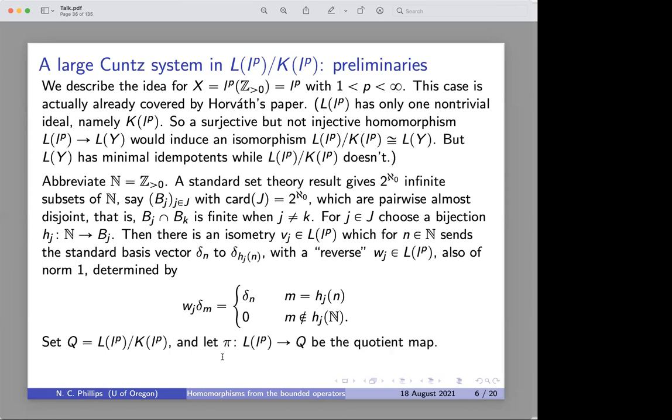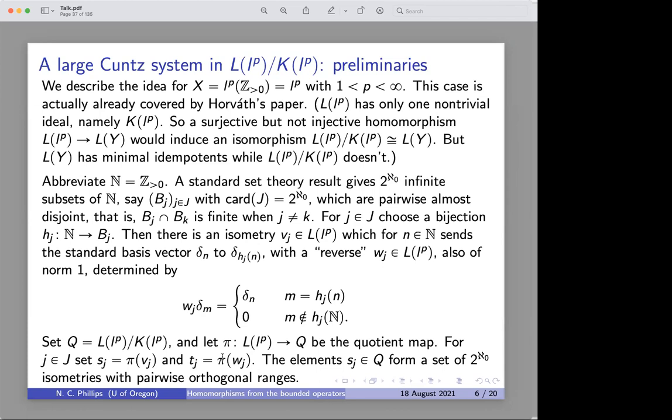So now we're going to let Q, I should probably call it Q of little LP, but I will just call it Q, and I'm going to let pi be the quotient map. And then we're going to set Sj is pi of Vj and Tj is pi of Wj.